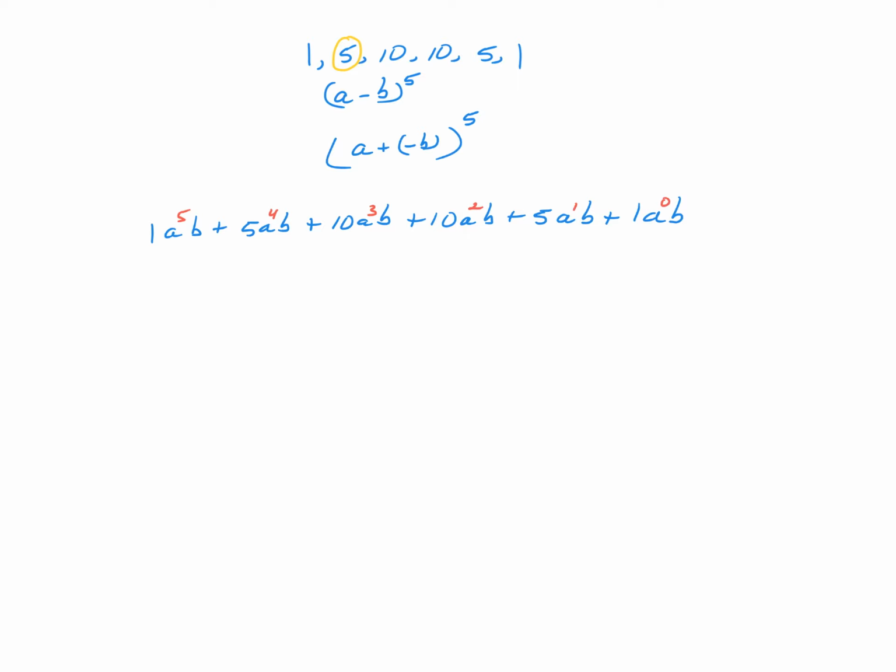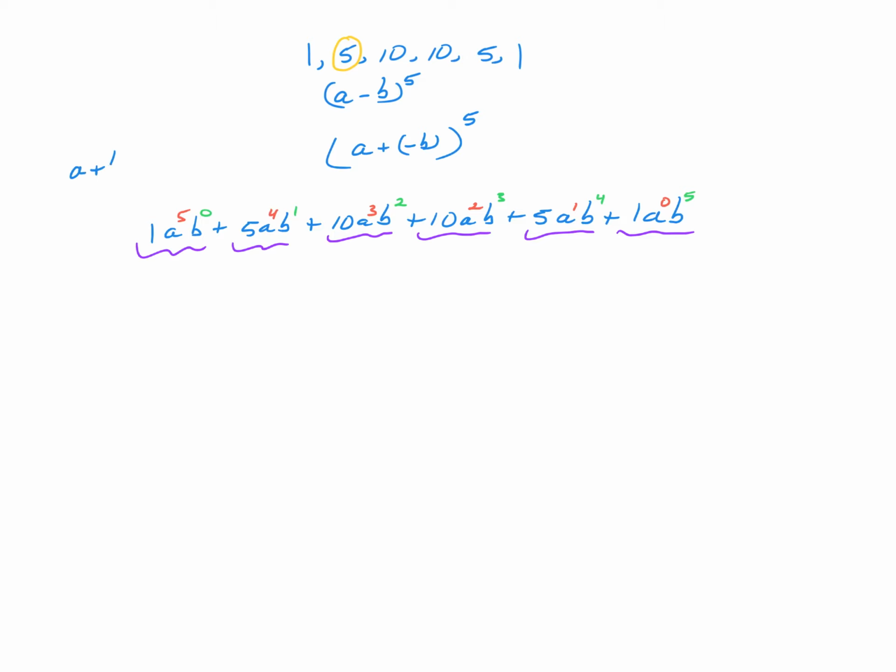And then I'll take my b exponents starting at 0 and ascend in order. And then as we looked at in the previous slide, let's double check our degrees. 5, 5, 5, 5, 5, 5. Life is good.